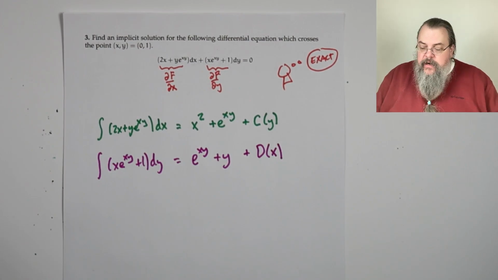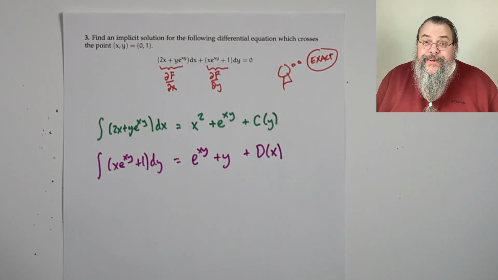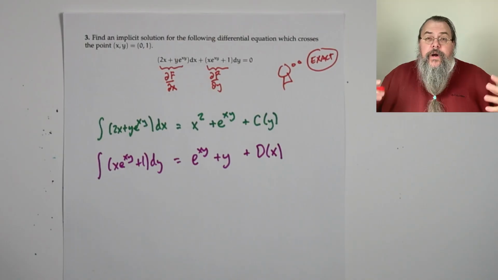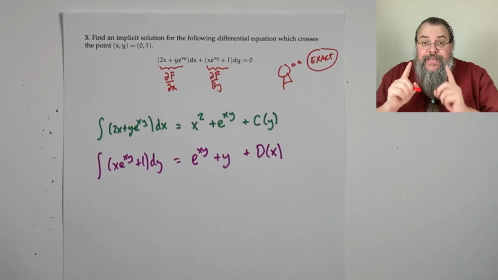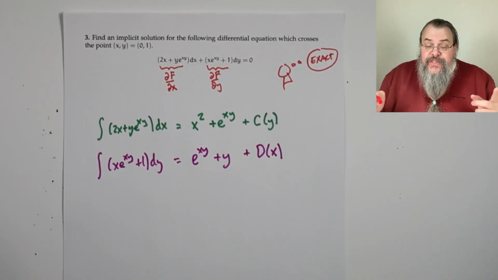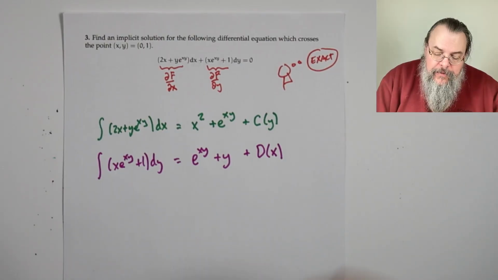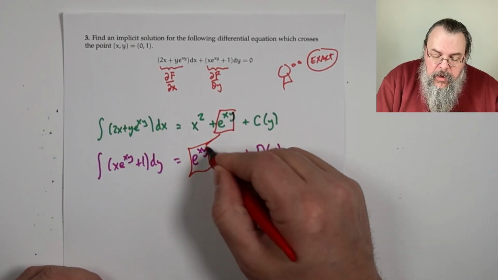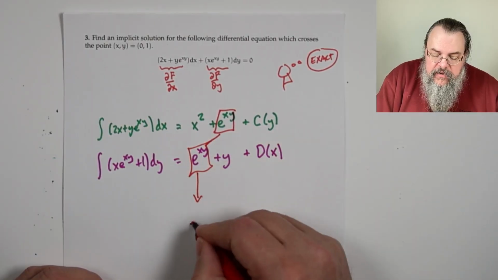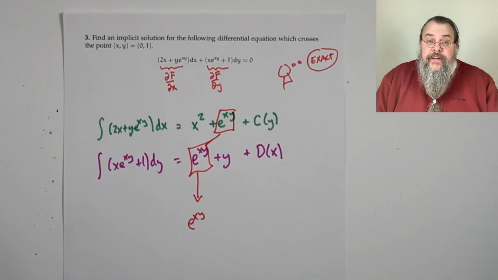And now our great stitching together. We say, what are the pieces that overlap, involve both x and y? Those need to be consistent. If they're not consistent, hopeless. Well, we have the e to the xy and the e to the xy. They match, so that's a part of our answer.